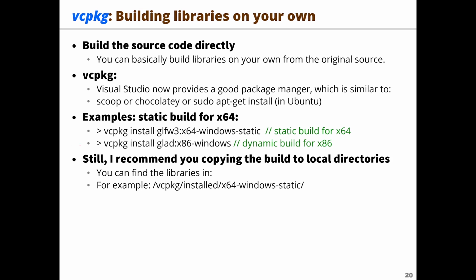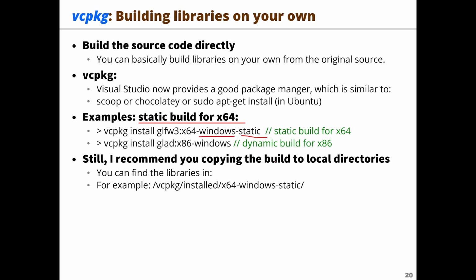So the example here is the static build for x64. Now we would like to install GLFW3, probably the latest version. Then you type in the command vcpkg install glfw3:x64-windows-static.